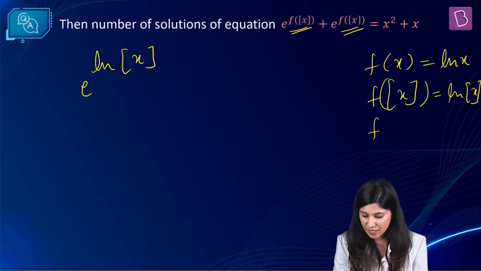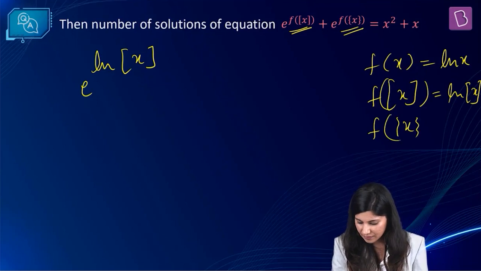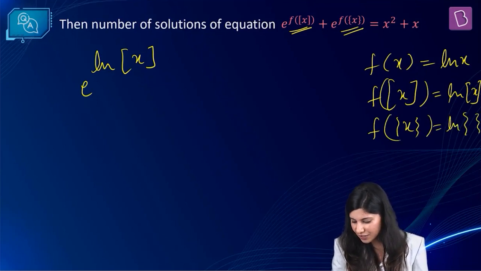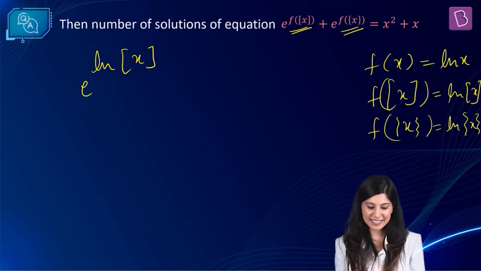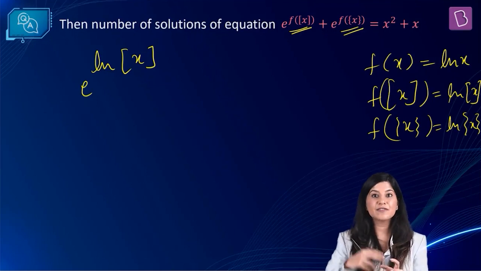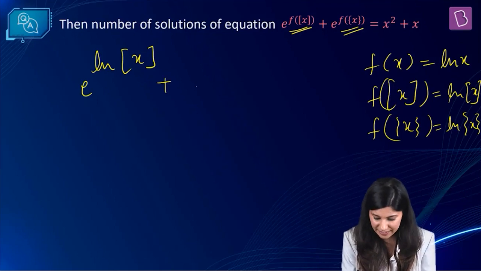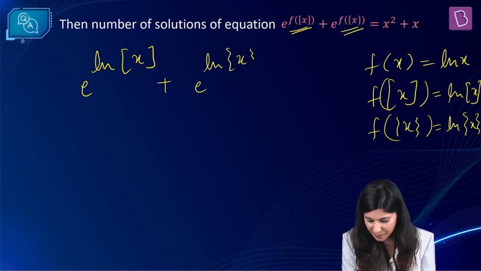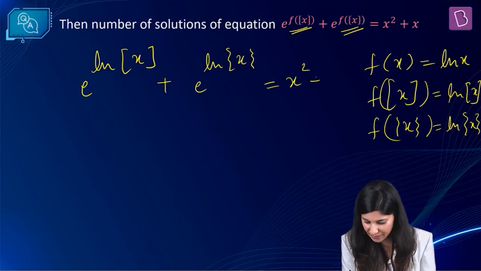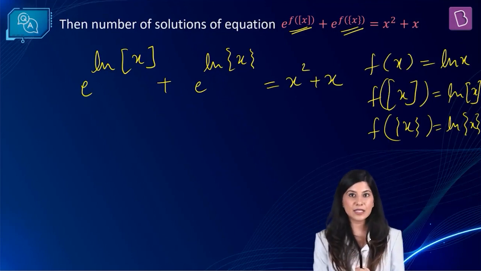And f of fractional part of x would be ln fractional part of x. So e raised to power f of GIF of x would be e raised to power ln GIF of x. Similarly, e raised to power ln fractional part of x, that is equal to x square plus x. We need to figure out the solution of this equation.